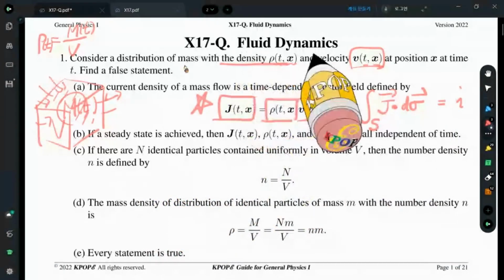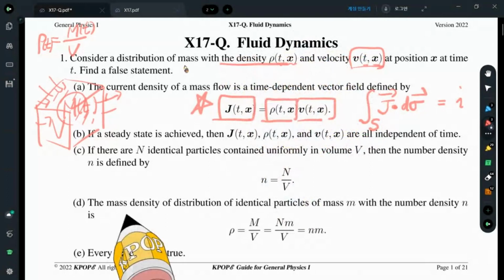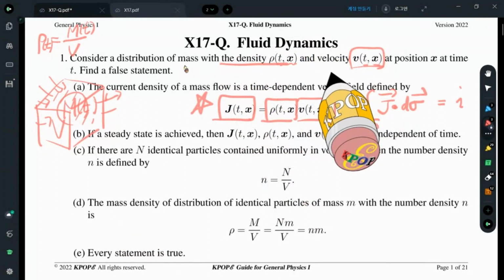So what we learn here in fluid dynamics appears in the next semester when we study electric current. So we have to study very hard.